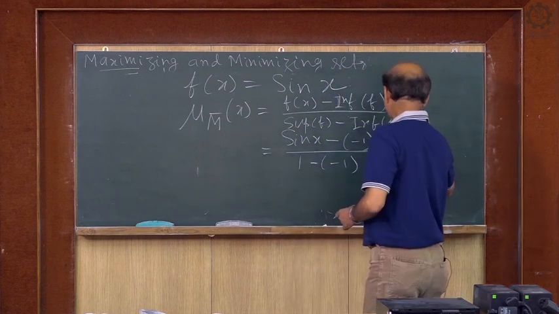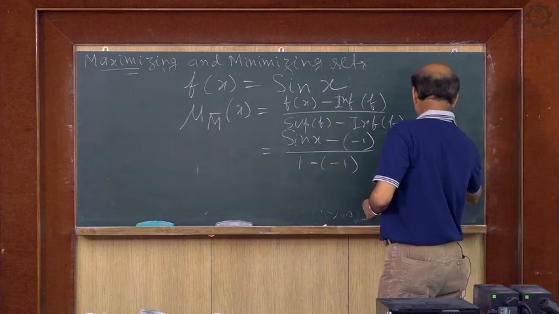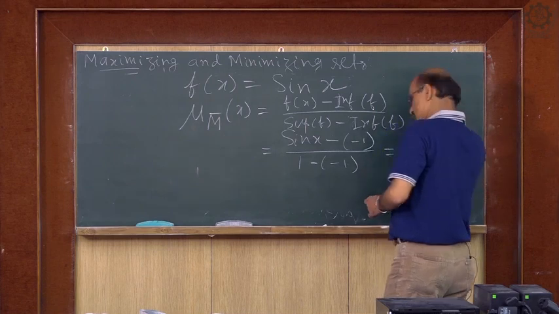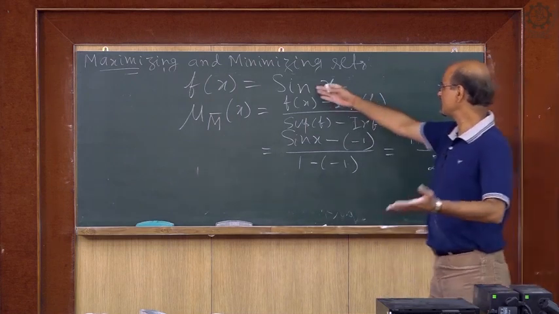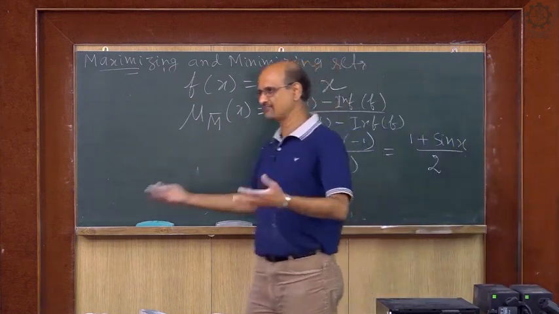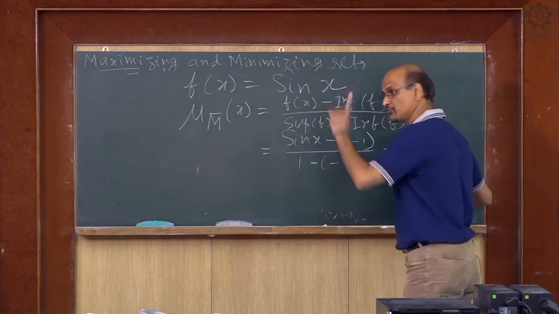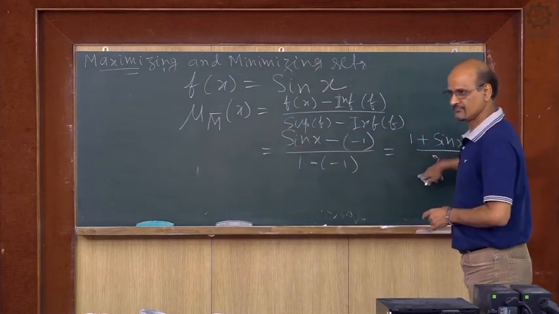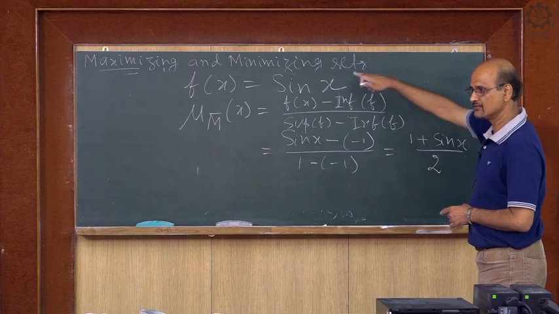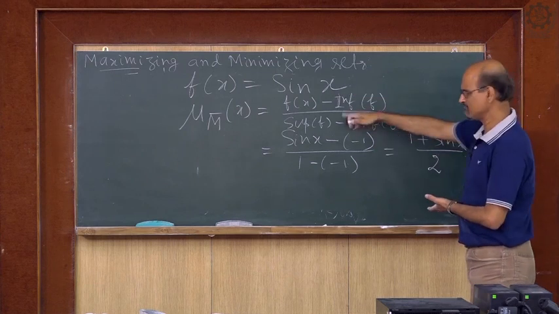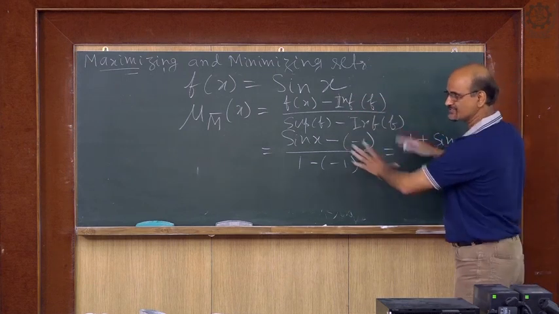So you are correct, it is (1 plus sin x) by 2. Similarly, I can have a different function, like cos x, and you can get the membership values of those. The procedure is the same.